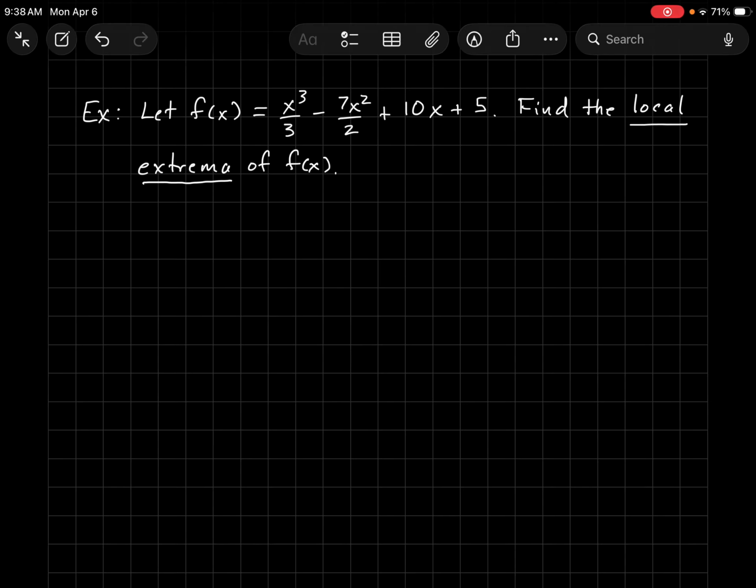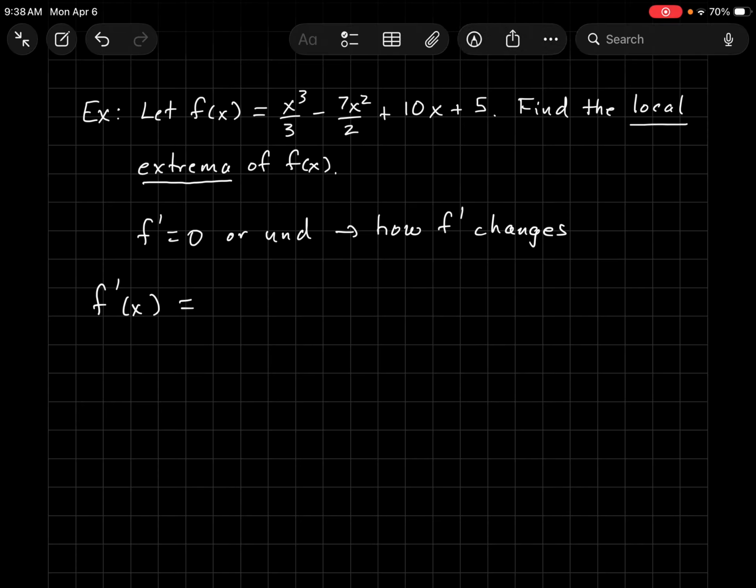And local extrema of f says, I want to find where f prime is 0 or undefined, and then see how f prime changes right around that critical point. So it's a big keyword that says find f prime. So let's start by doing that.